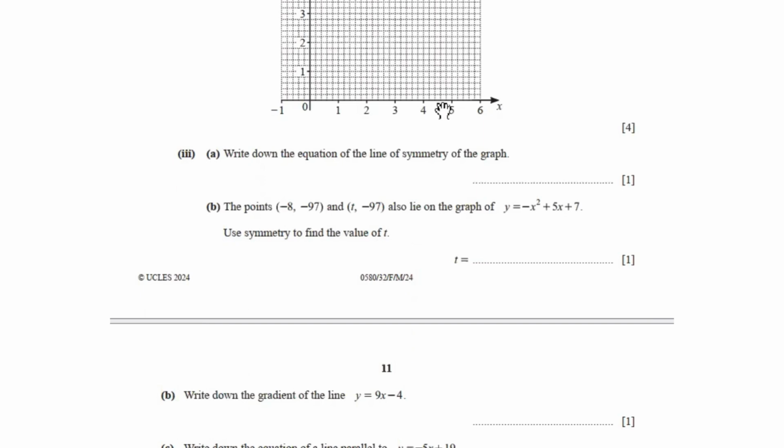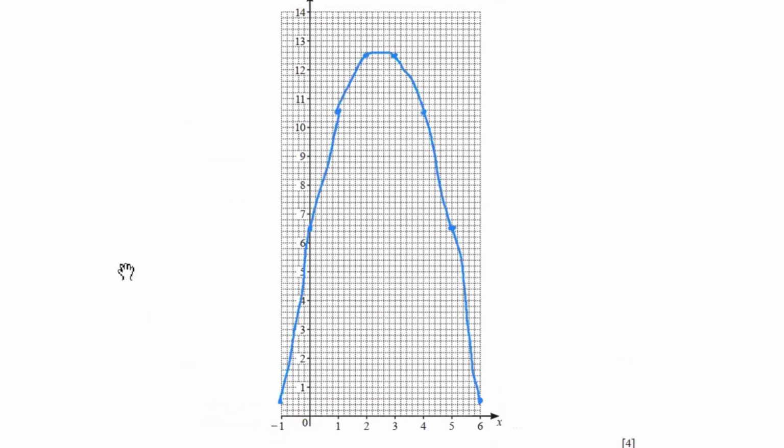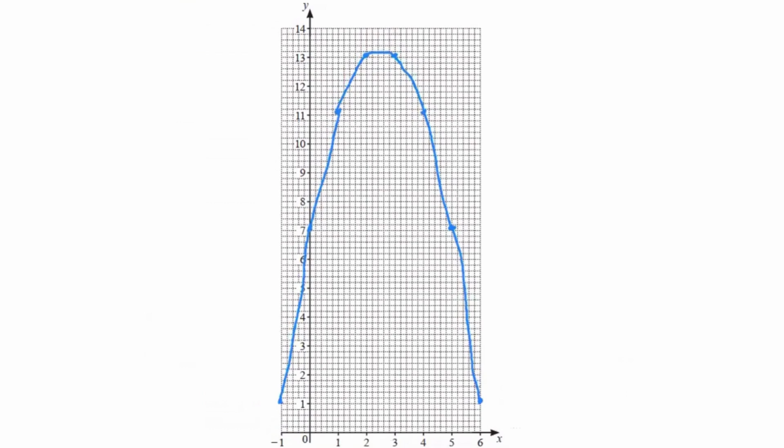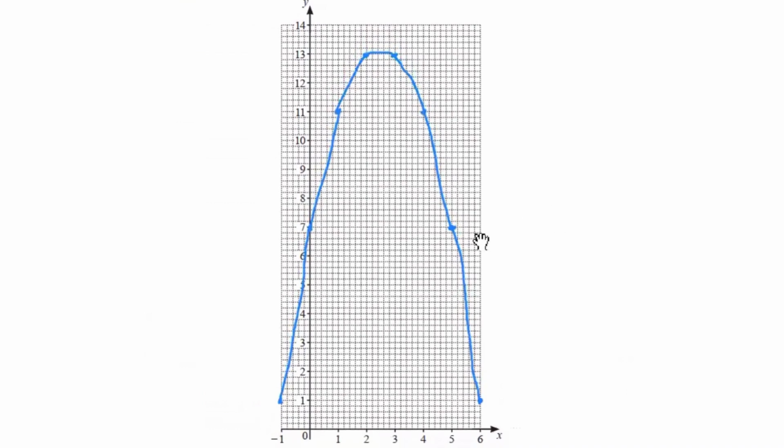Okay, so to find the equation of the line of symmetry of the graph, we can see that it's between x equals 2 and 3. So that's going to be 2.5. So this is your line of symmetry.